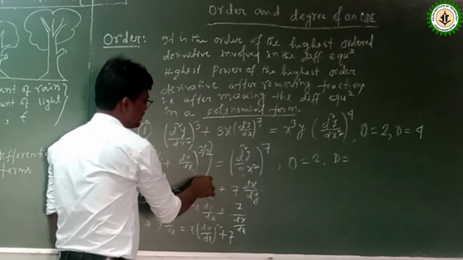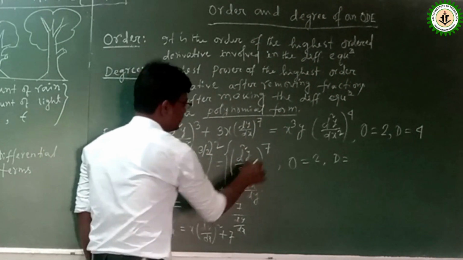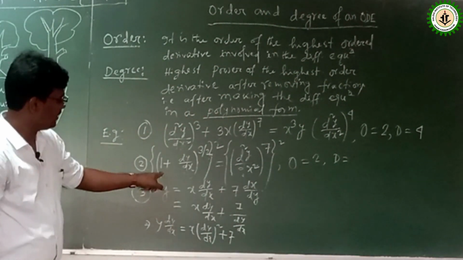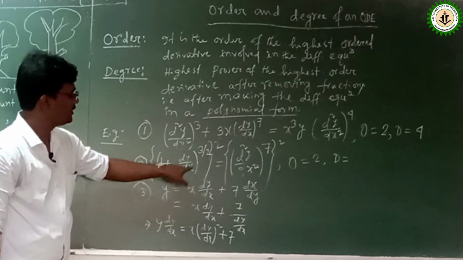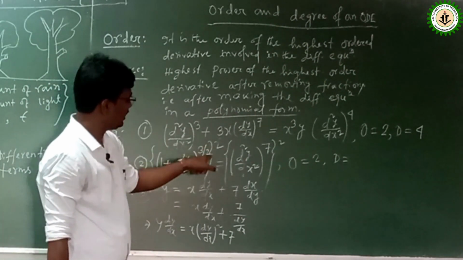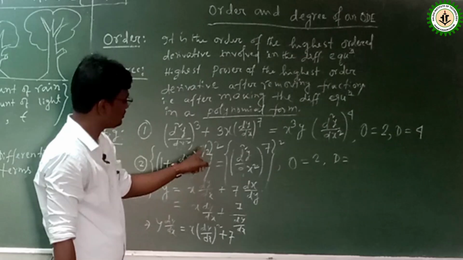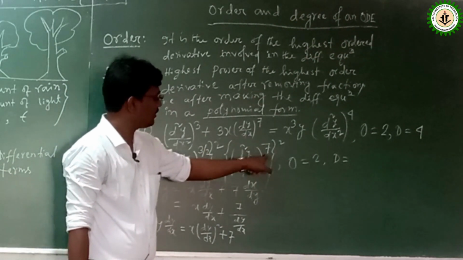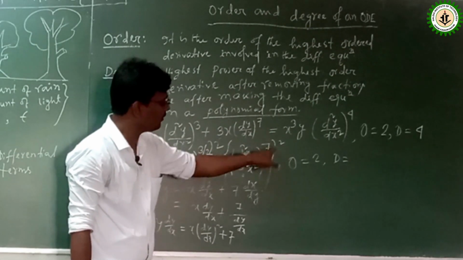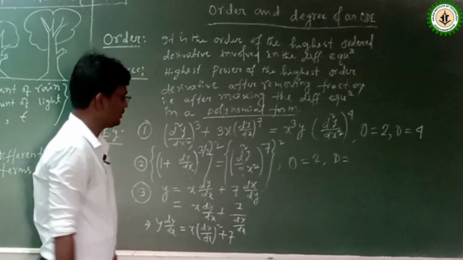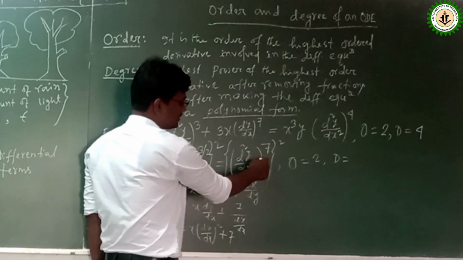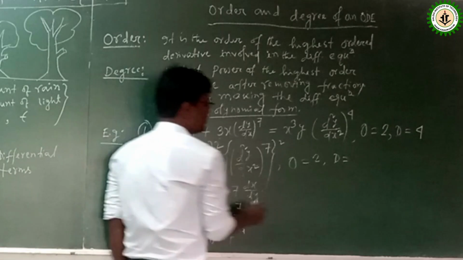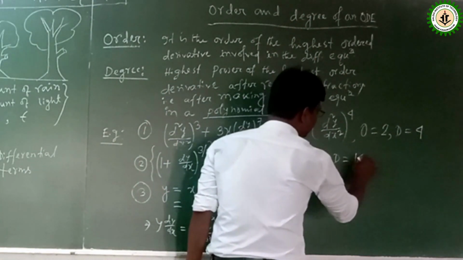Take square on both sides. So you will find 1 plus (dy by dx) whole cube equal to (d2y/dx square) to the power 14. That means now the highest power of the highest order differential term is 14. So the degree of this differential equation is 14.